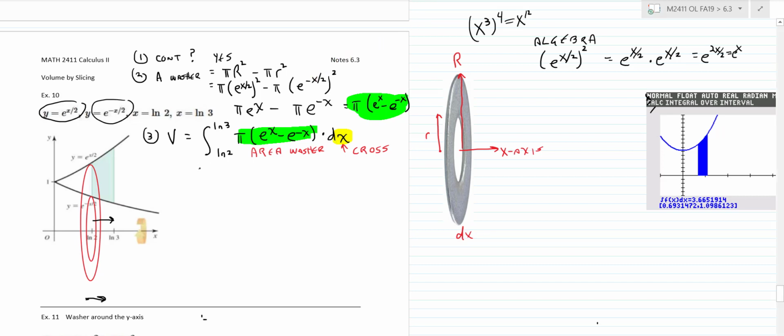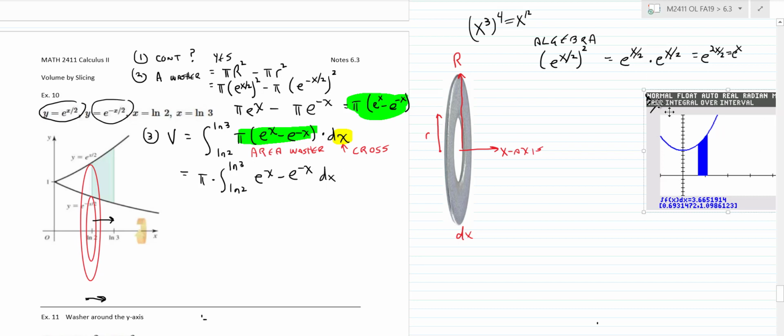There are a few little algebra things that I'll remind you of as we go. We can write this as pi times the integral from ln2 to ln3 of e to the x minus e to the negative x times dx.